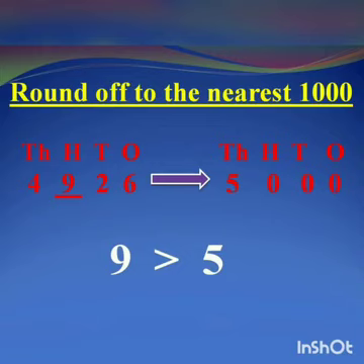Number 9 is greater than 5. In this case, the digit at thousands place will be increased by adding 1 and the digits which are at hundreds place, tens place and ones place will be replaced by 0 and the rounded number will be 5000.